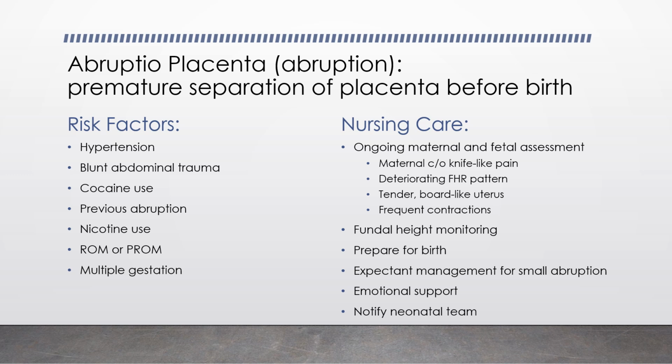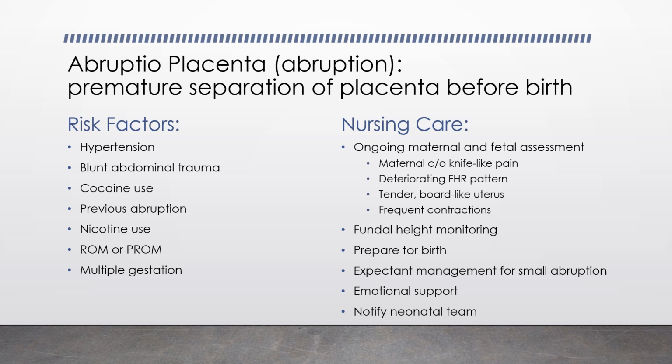Depending on how severe the abruption is, we may need to prepare for an imminent birth, so we should notify the neonatal team and the obstetrical team to let them know what's happening, and for the neonatal team, that this baby could be born and need resuscitation.